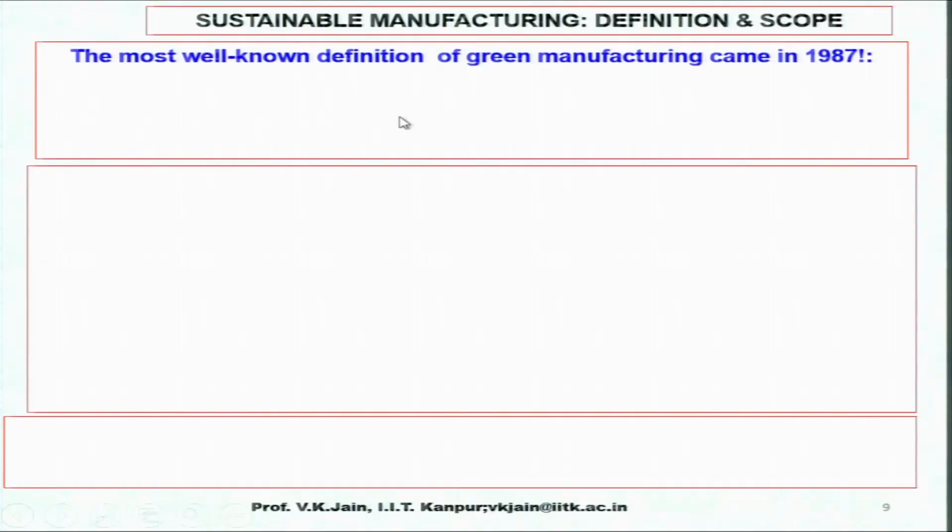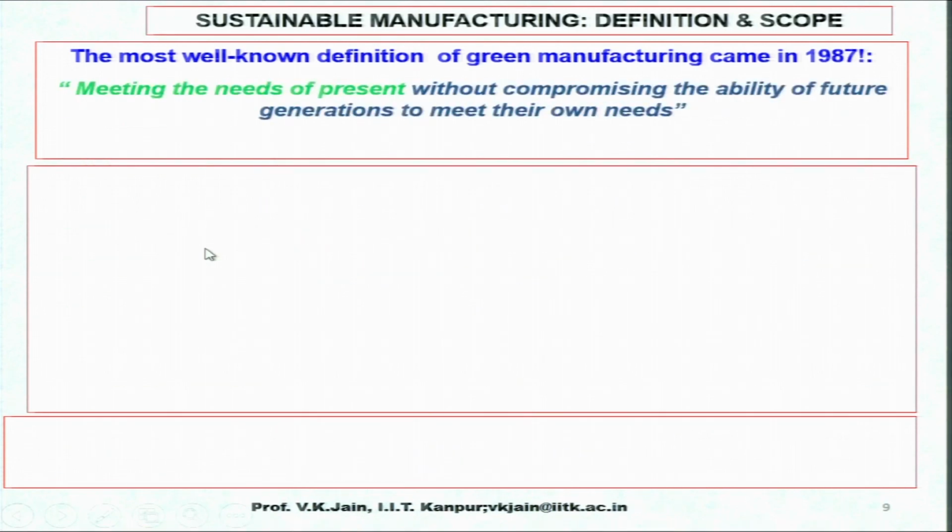Sustainable manufacturing: definition and scope. There is no definite definition of sustainable manufacturing, but people have defined it according to their functions and convenience. The most well-known definition of green manufacturing came in the year 1987: meeting the needs of the present, very important, without compromising the ability of future generations to meet their own needs.